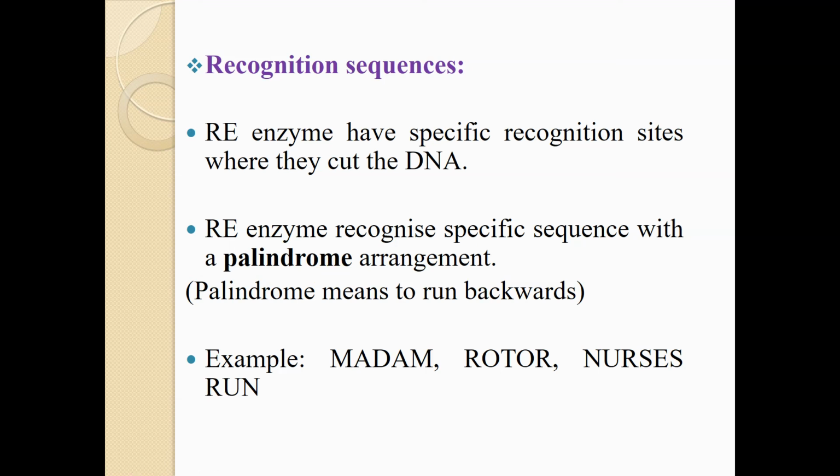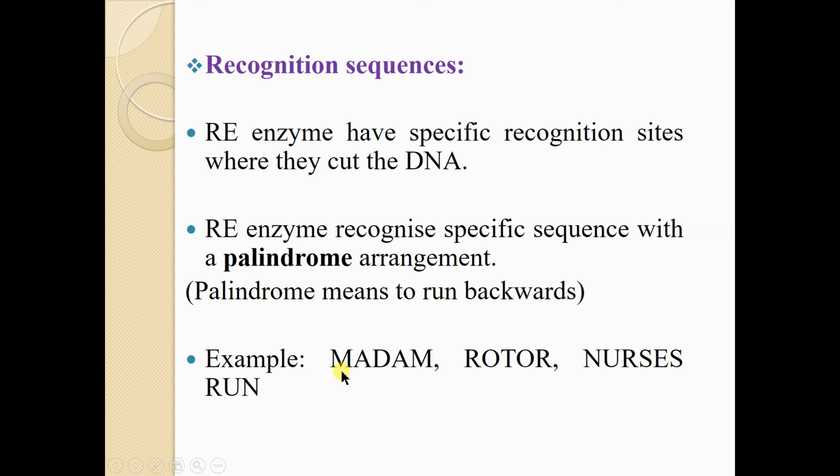When we read both sequences on the complementary double stranded DNA, one running backwards, if we read from the starting point to the last point, and then from the last point back to the starting point, both sequences are the same.